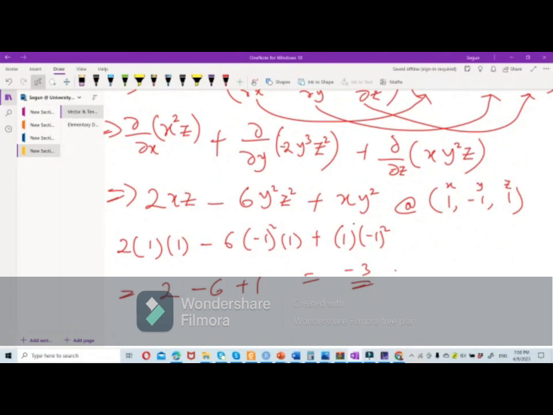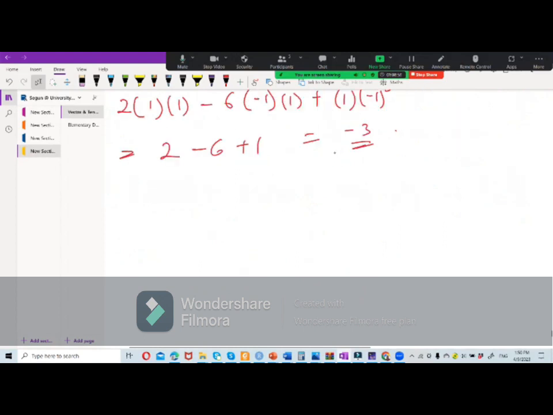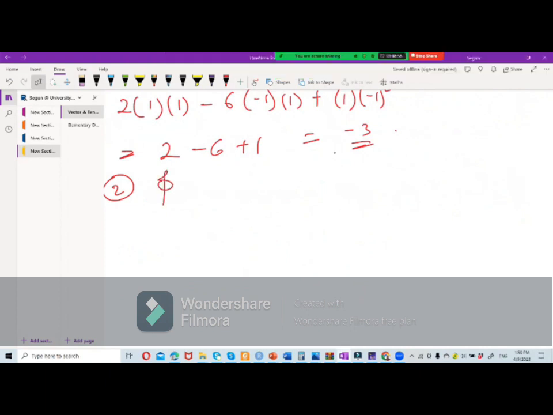So in a situation whereby you are given another equation, number 2 of the divergence, you have phi given, let me write it correctly. Given phi equals 2x raised to the power 3, y squared, z raised to the power 4.